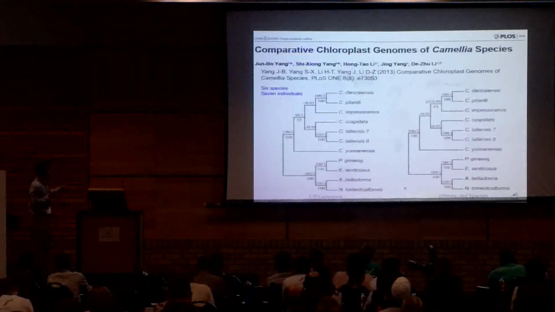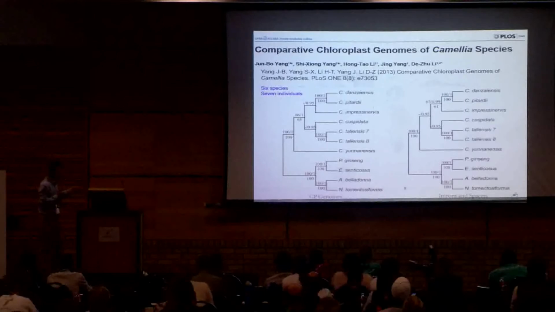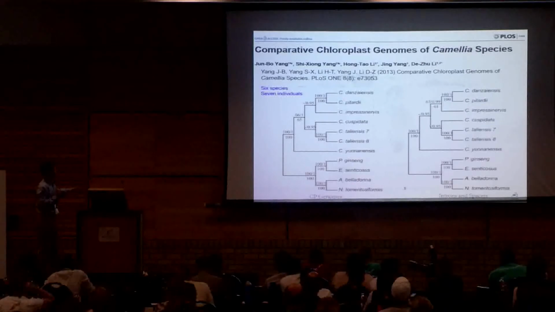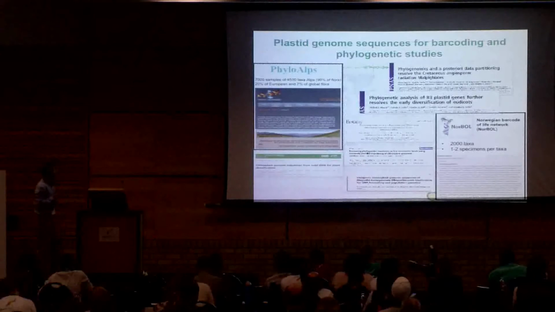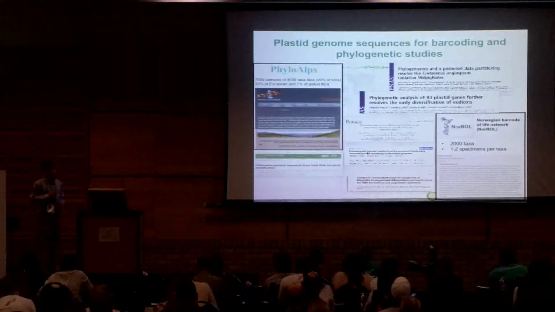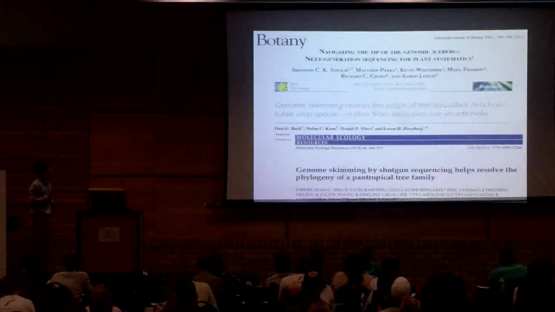And another example is Camellia, which is also very difficult genus because of the polyploidization and hybridization. So we also able to distinguish some of the very closely related species. And of course, plastid genome is widely used in projects like Fellow Alps and in a lot of the phylogenomic studies.